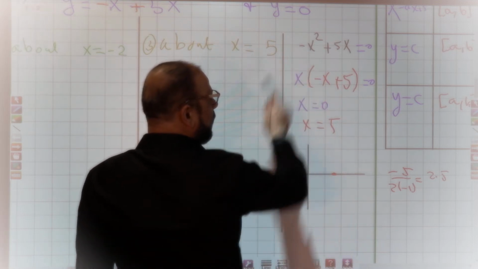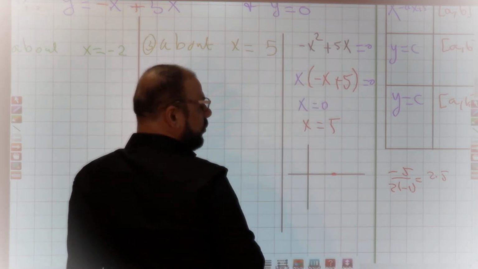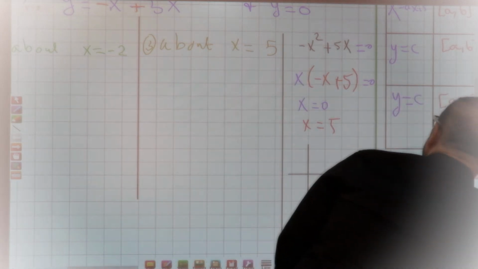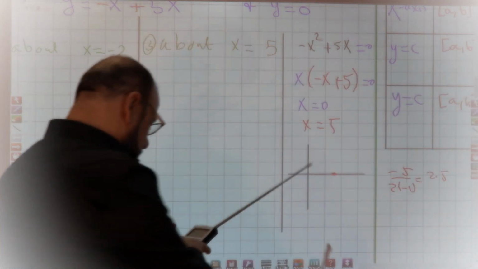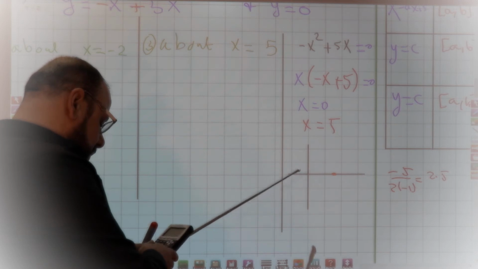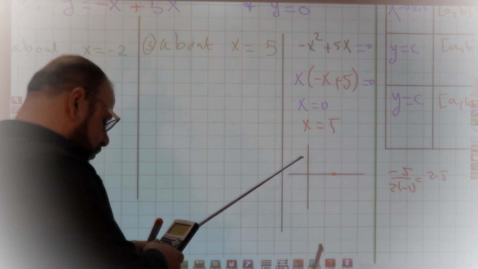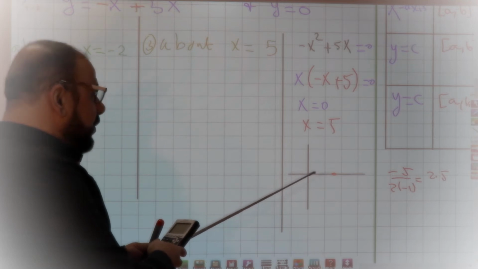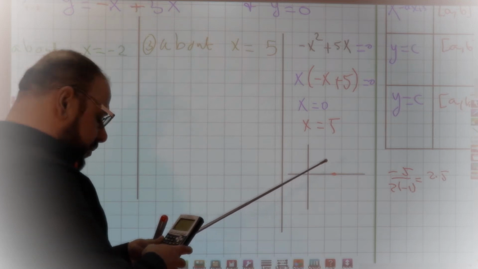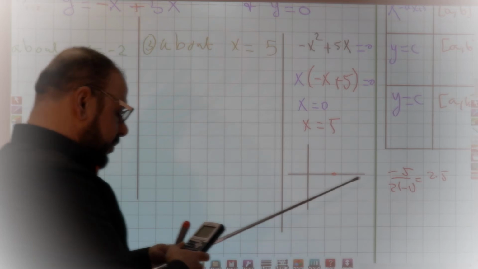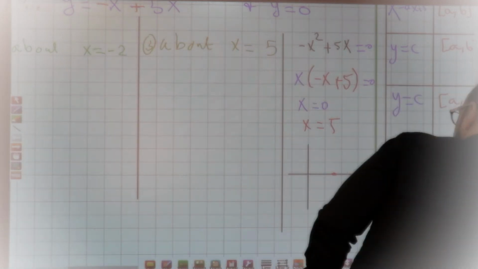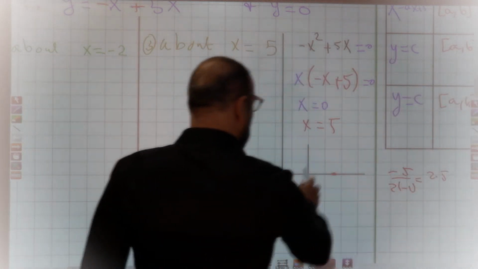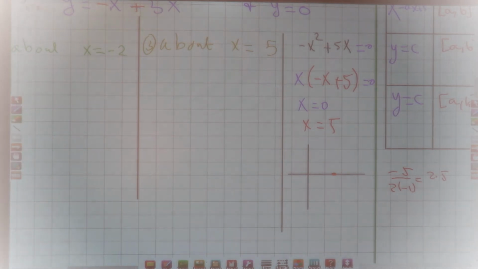And if you plug 2.5 in the function, negative 2.5 squared plus 12.5, we get 6.25.